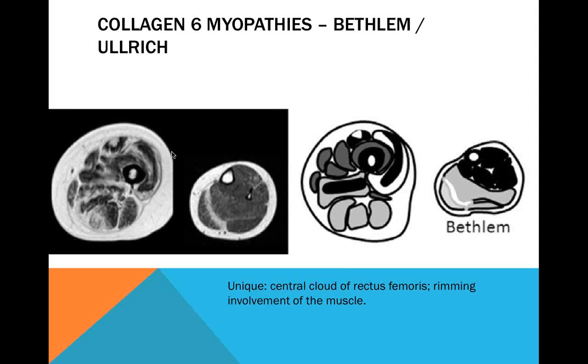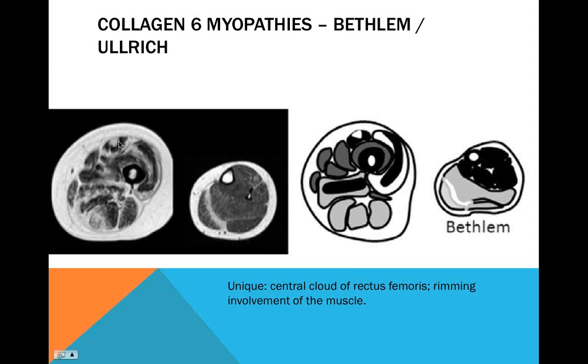Now, each muscle is covered in a layer of fascia. The fascia is similar to, for example, if you were cutting through chicken, that thin layer that compartmentalizes the meat. And basically, collagen 6 is a disorder of the extracellular matrix. So this disorder tends to affect the muscle from the outside in along the fascial boundaries.